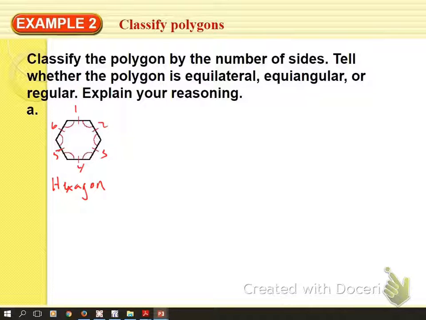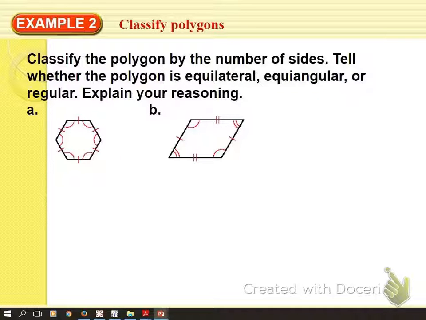Is it equilateral? Yes, all the sides are marked congruent. Is it equiangular? Yes, all the angles are marked congruent. So that means it is regular. All sides and angles are congruent. Okay? You'd want to write that out as you explaining your reasoning.